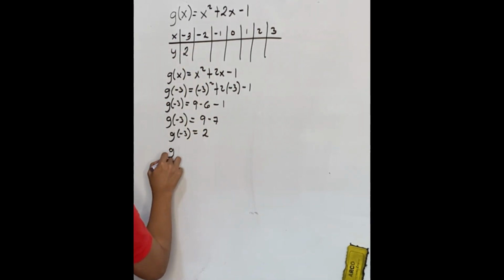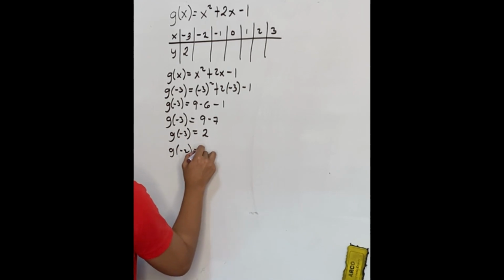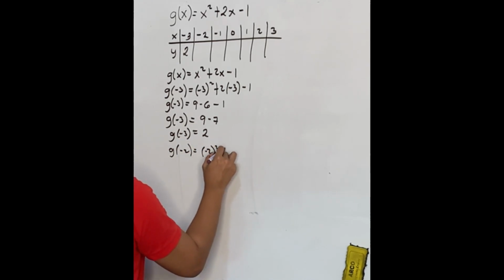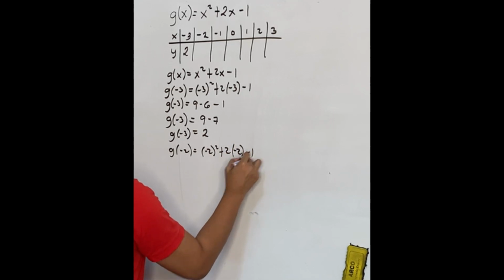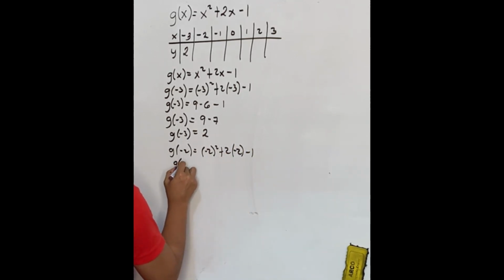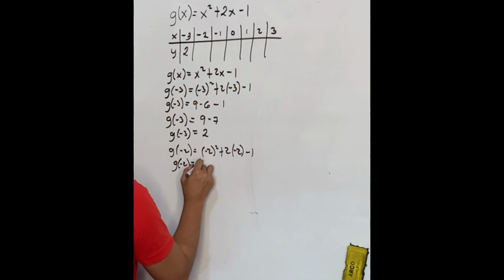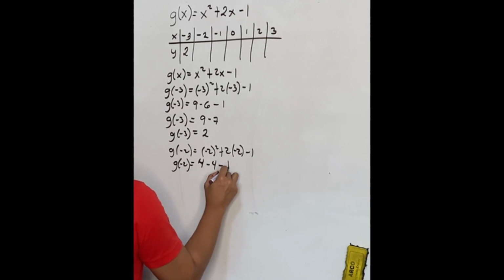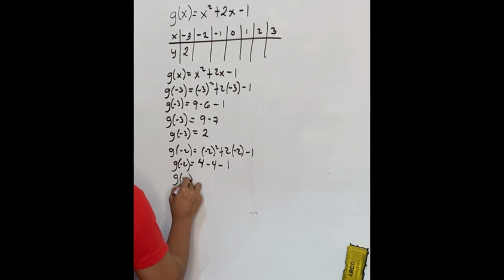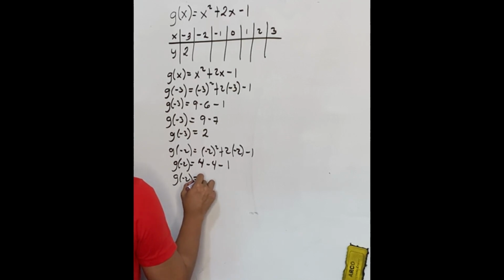Now let's have g of negative 2. So negative 2 squared plus 2 times negative 2 minus 1. g of negative 2 is equal to 4 minus 4 minus 1. g of negative 2 is equal to negative 1.